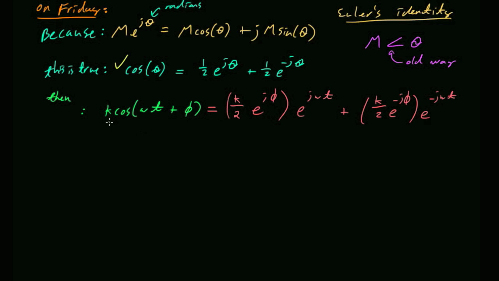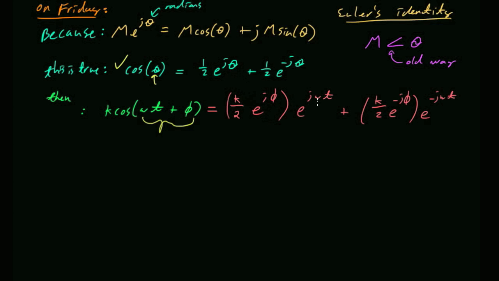We put an amplitude out front, so your 1/2 became k over 2. Okay, it just got scaled by a k. And then, if you remember, if we replaced our theta with omega t plus phi, I've got e to the j omega t.